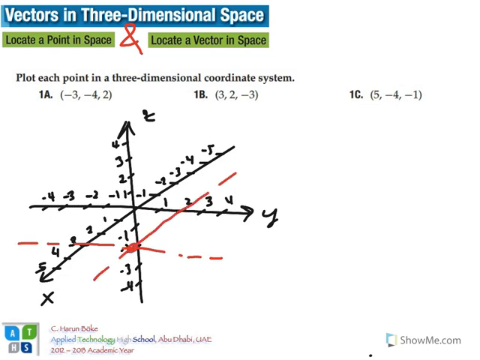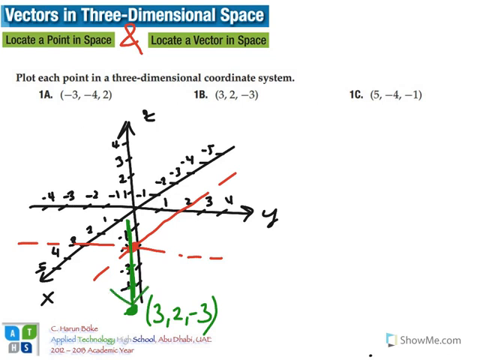So my point in the two-dimensional plane is here. Now it says minus 3 for z, so if the z axis is here, we'll go minus 1, minus 2, and minus 3. So my point 3, 2, minus 3 will be here.